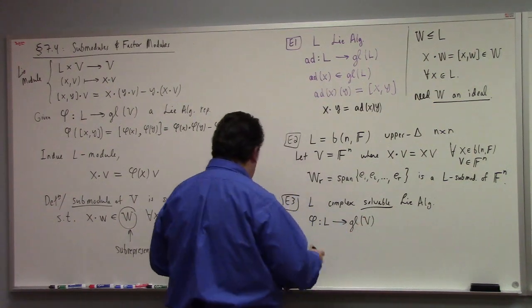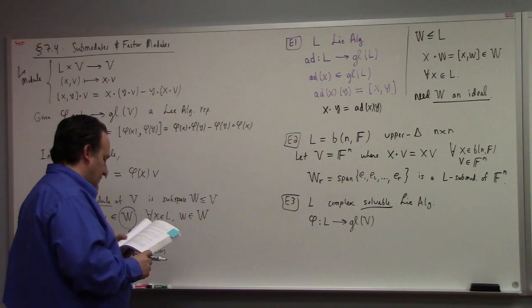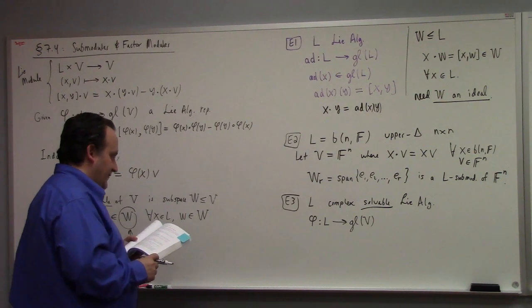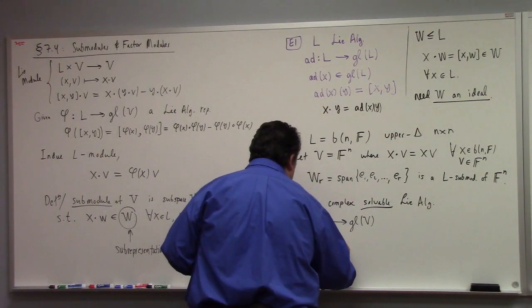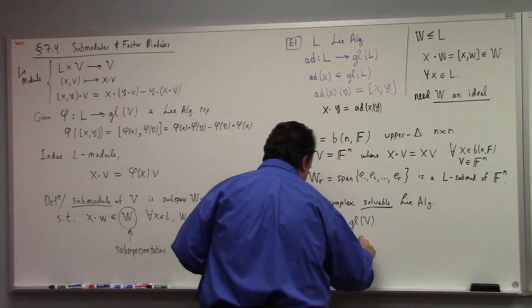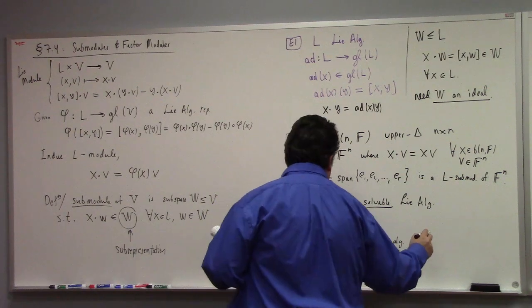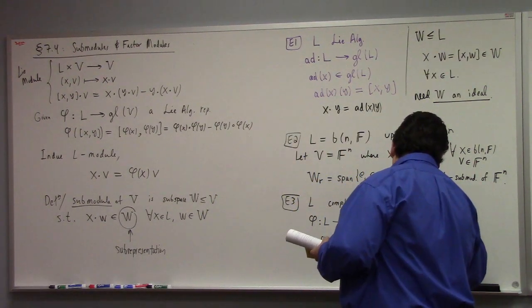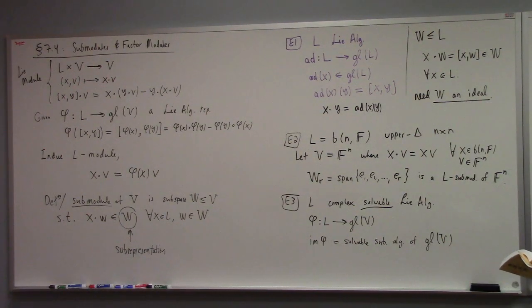Not saying what it is, just saying suppose you got one. And he says, since phi is a homomorphism, the image of phi is a solvable subalgebra of gl(V). All right. So what are you gonna do with it, Mr. Book? He says proposition 6.6, also known as the main step in the proof of Lie's theorem, implies that V has a one-dimensional subrepresentation.